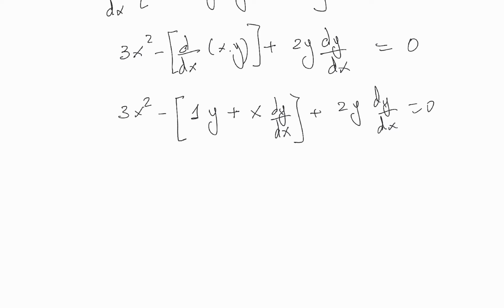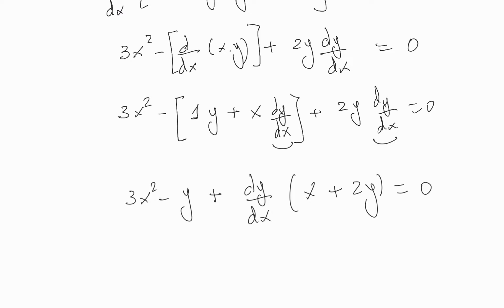So now let me take common factor the derivative of y with respect to x. So it will be 3x squared minus y plus the derivative of y with respect to x multiplied by x plus 2y equals 0.